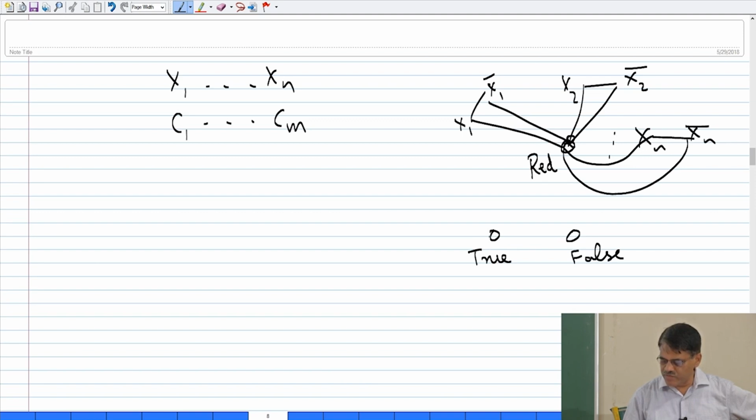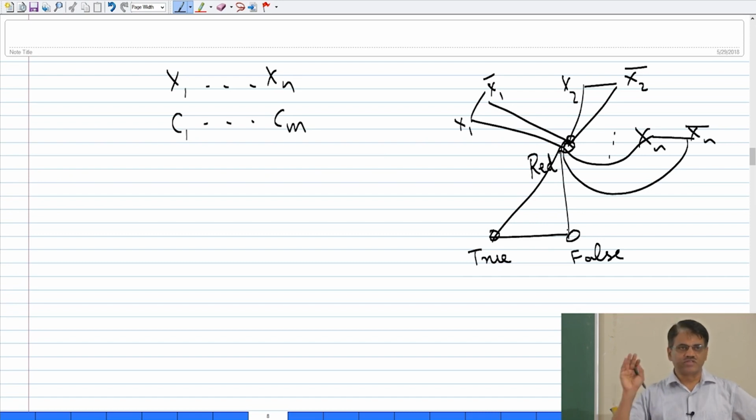These are just color names if you want to call them. Let's say my 3 colors are red, true and false. It will be easier for me to translate it to an assignment here. So if this is my coloring, clearly red must get a color which is different from true and false, and hence each of the Xi and Xi bar, one of them should get true and another should get false. That's why I am doing this construction.